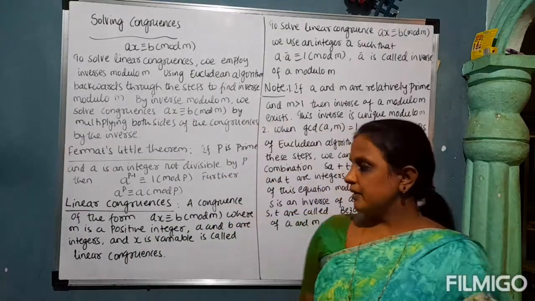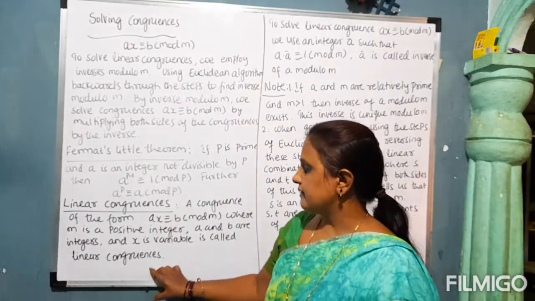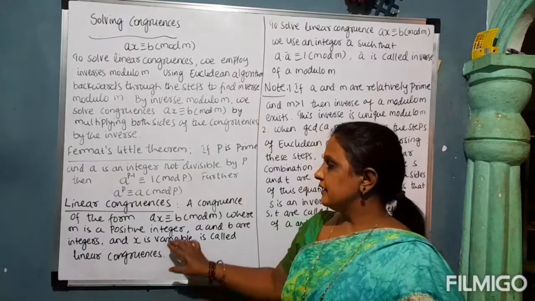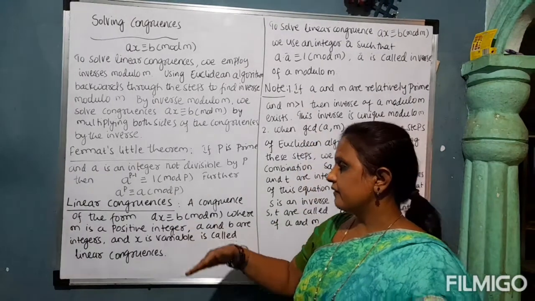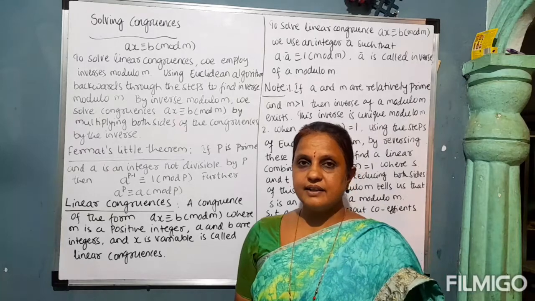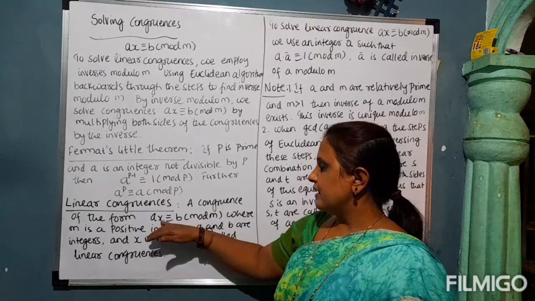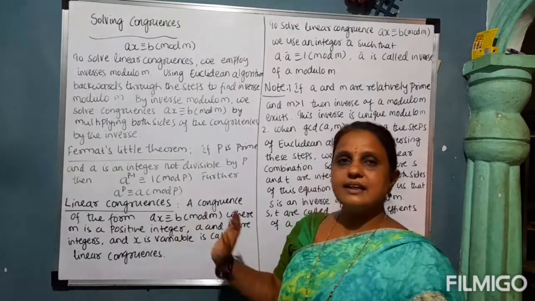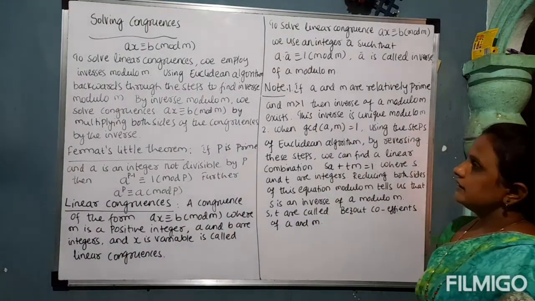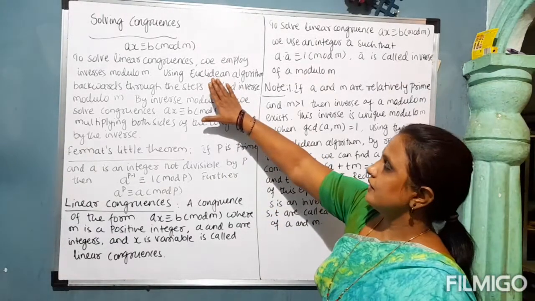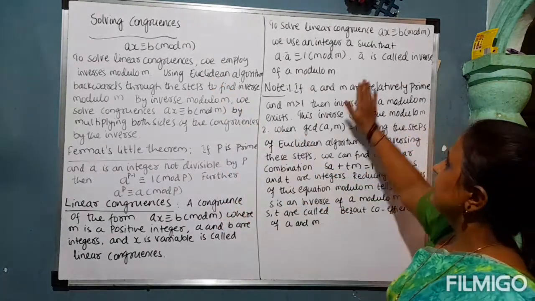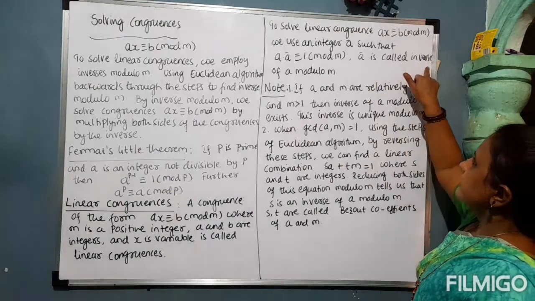Such a congruence is called a linear congruence. Congruences are needed whenever we need a remainder after dividing two integers. So when such a congruence has a variable, it is said to be a linear congruence. As we have seen, a linear congruence will be solved by taking the inverse.